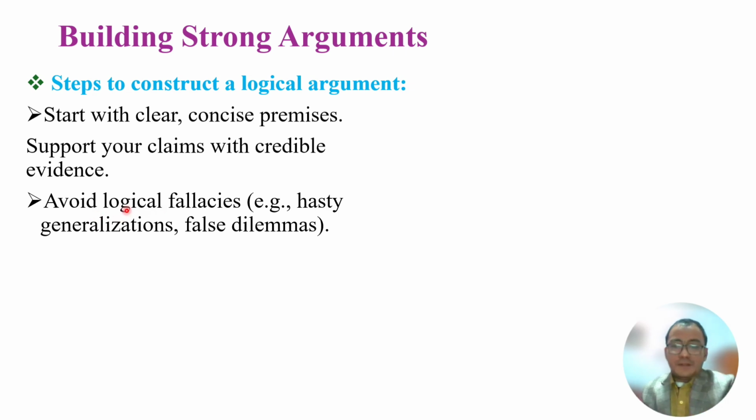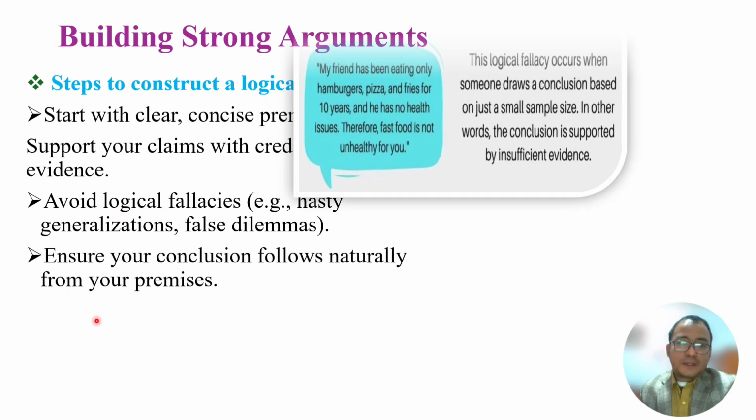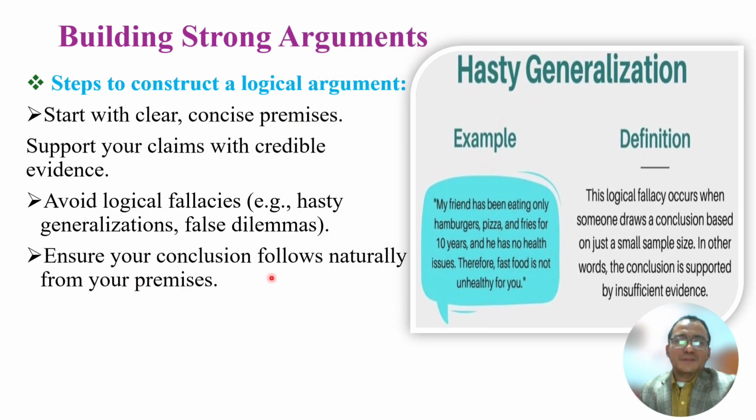In this way, the next, ensure that your conclusion follows naturally from your premises or not. So we have to ensure it regarding these points to build up strong arguments. There hasty generalizations, examples and definitions are also mentioned.